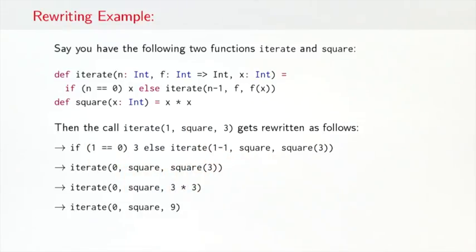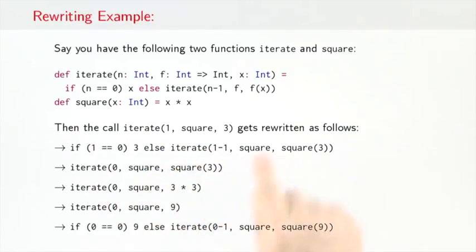An arithmetic simplification gives you this line here, where the 3 times 3 has been reduced to 9. Now you would have another expansion of iterate. So the right-hand side of iterate would again show up here, with the actual arguments replacing the formal parameters, and some subsequent reductions on the if would finally give you if 0 equals 0, that's true, so you would return the then part, and that would be 9.